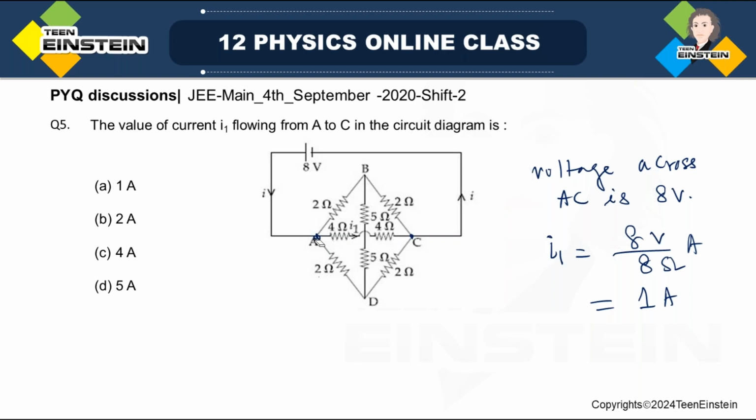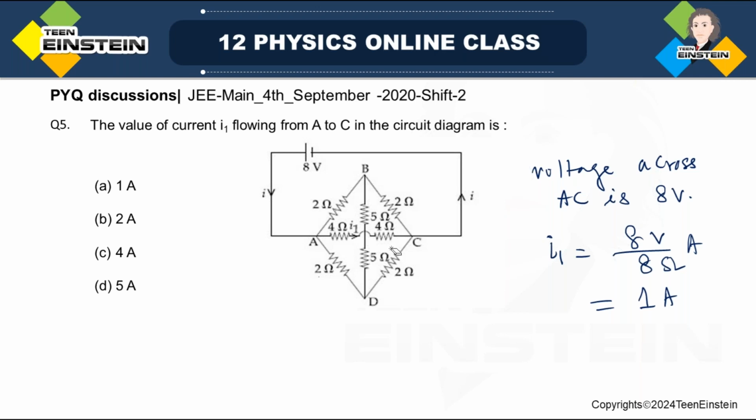Okay, and see this AC, across AC the same voltage is applied actually, that is 8 volt across this. Like if I go through this way also, you will get the same.